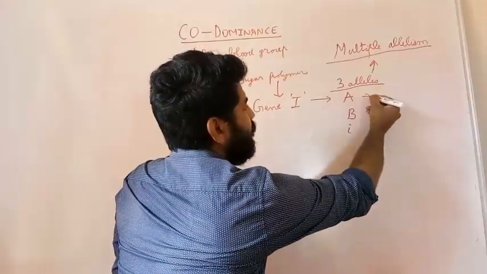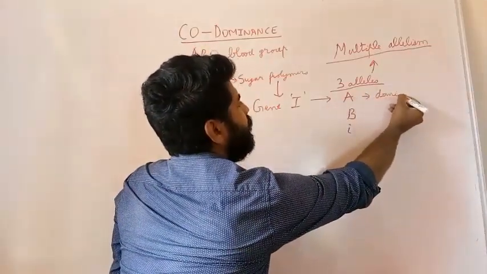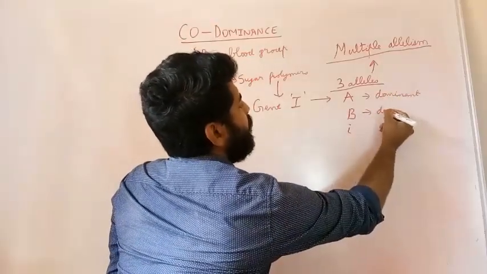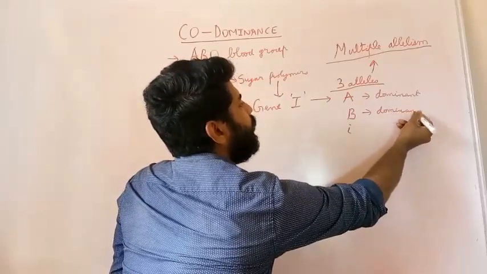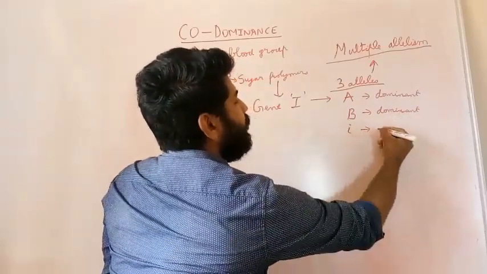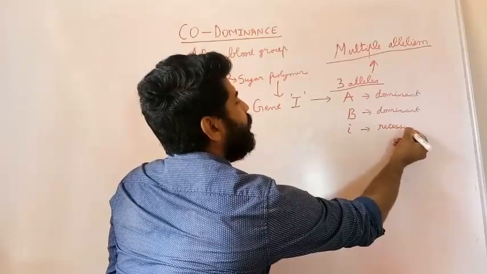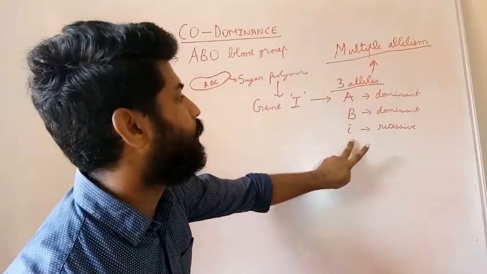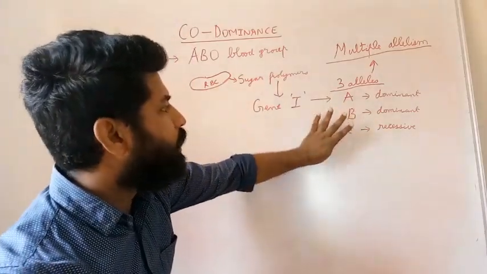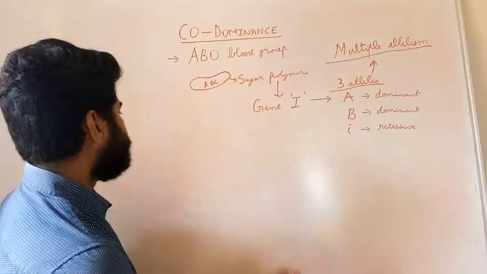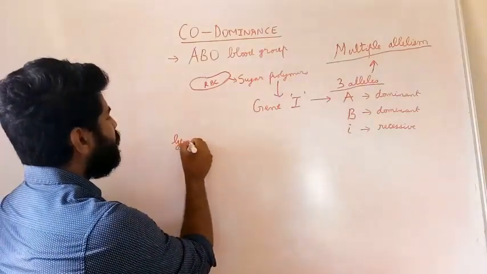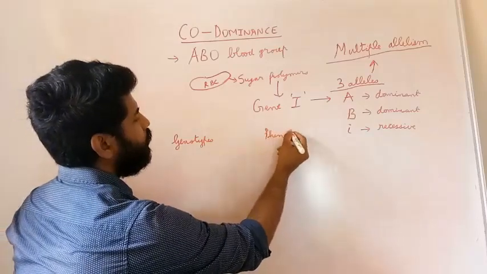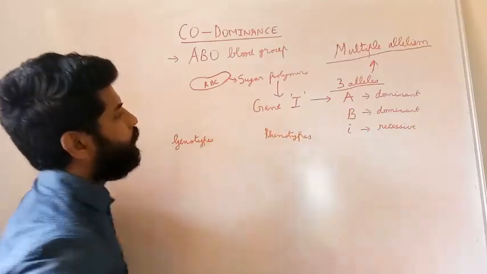Here the allele A is a dominant allele. The allele B is also dominant, whereas the allele i is recessive, meaning it does not produce any sugar polymers. It is recessive. So, how is this responsible for the blood groups? Let us write the possible genotypes and the phenotypes.